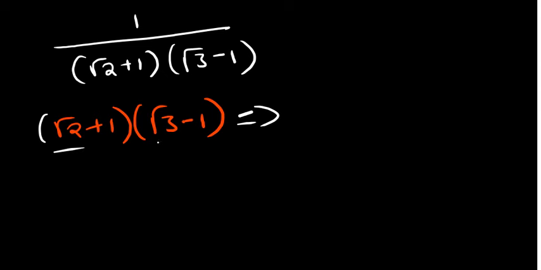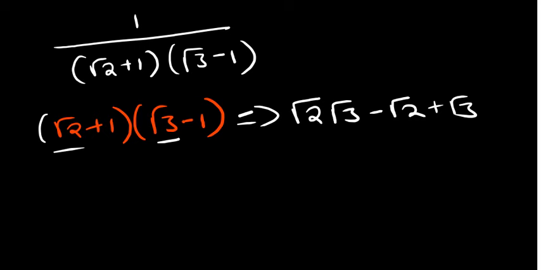Root of 2 by root of 3. Root of 2 by a minus 1 is going to be a minus root of 2. Root of 3 by a 1 is going to be plus root of 3. 1 times negative 1 is going to be a minus 1. Okay. So that is what we have at that stage.